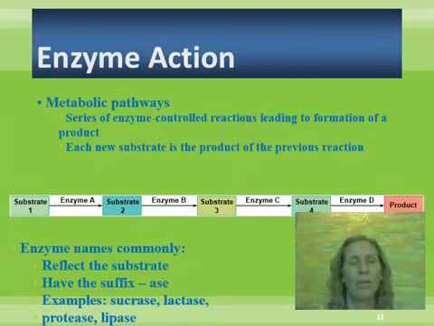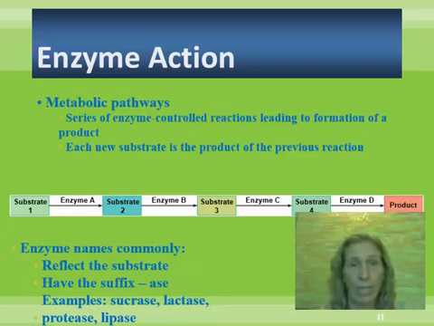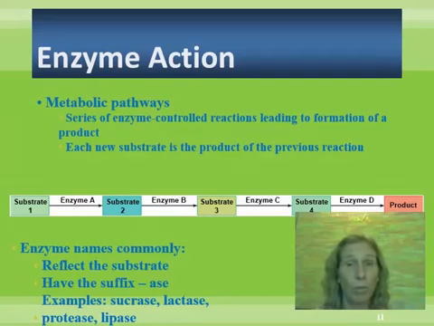This diagram here represents a metabolic pathway. The substrates, that is the molecule the enzyme acts on, are the boxes, and each enzyme is labeled A, B, C, etc. So what happens here is substrate 1 is acted upon by enzyme A. Maybe a bond is broken or a bond is formed, and it becomes substrate 2.